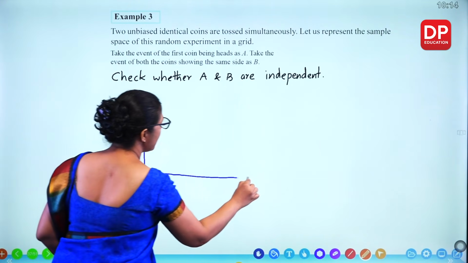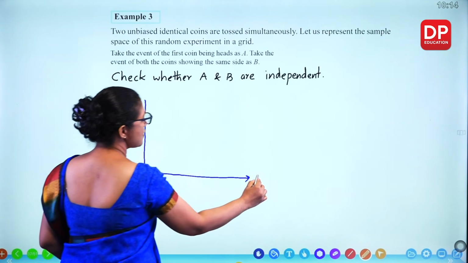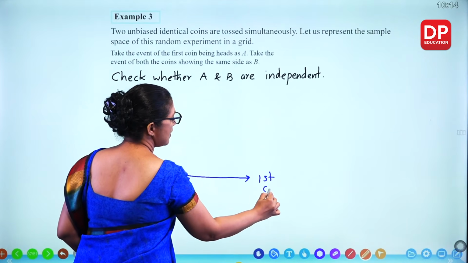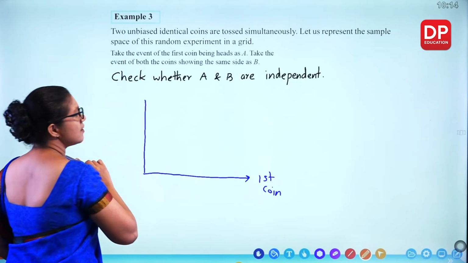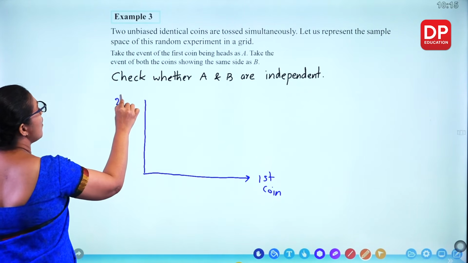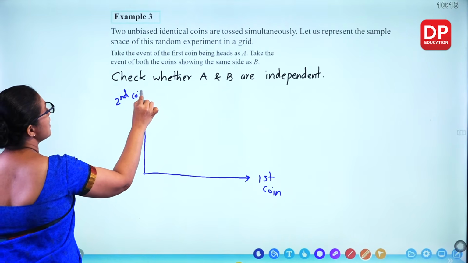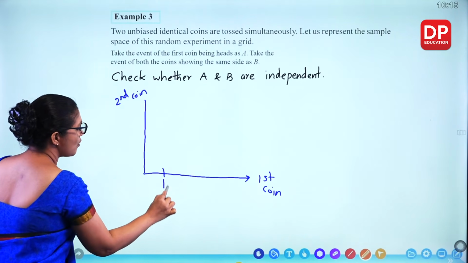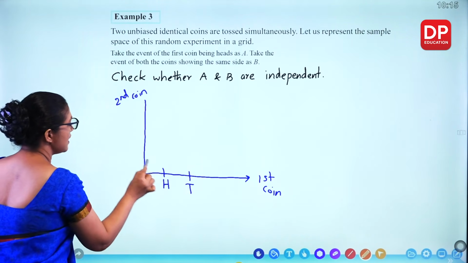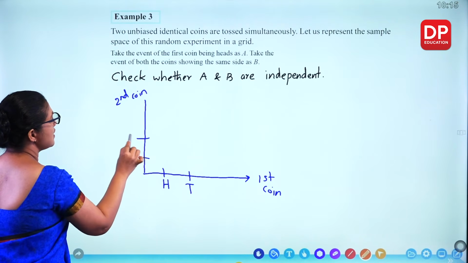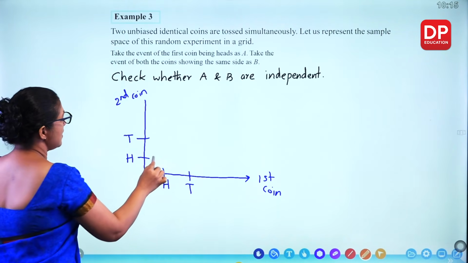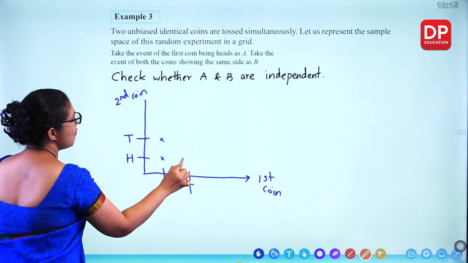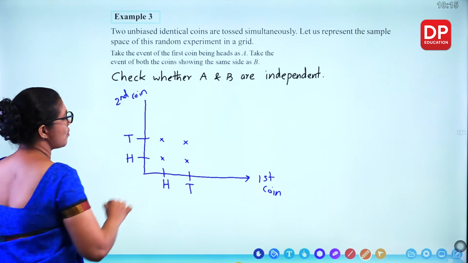We can take first coin on this side and the second coin on the other side. What are the possible outcomes? H and T. Here also H and T. And these are the 4 possible outcomes.